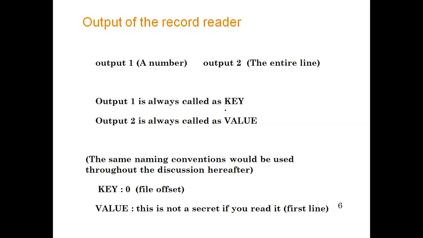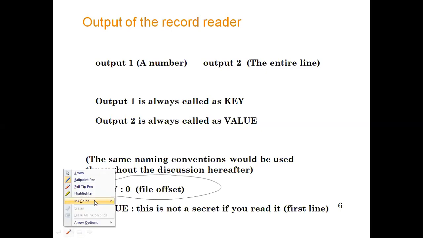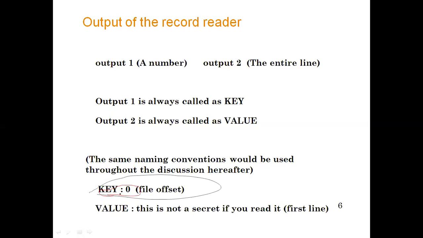Now the key is 0. This 0 is the offset for the file, which means where exactly the first line begins in the file.